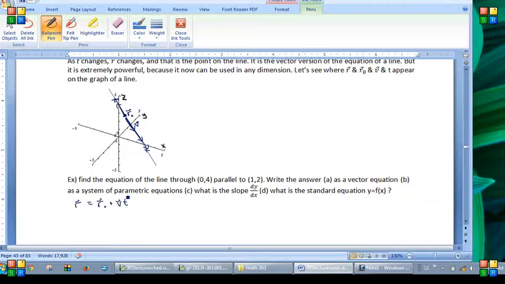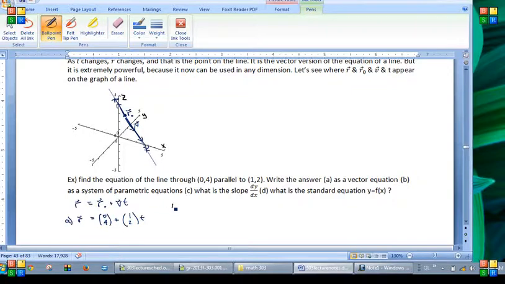You can write r or (x, y), same idea. So r equals r0, the known point, which is (0, 4), plus our direction vector, which is (1, 2), times t. That's it. So that's the answer to A.